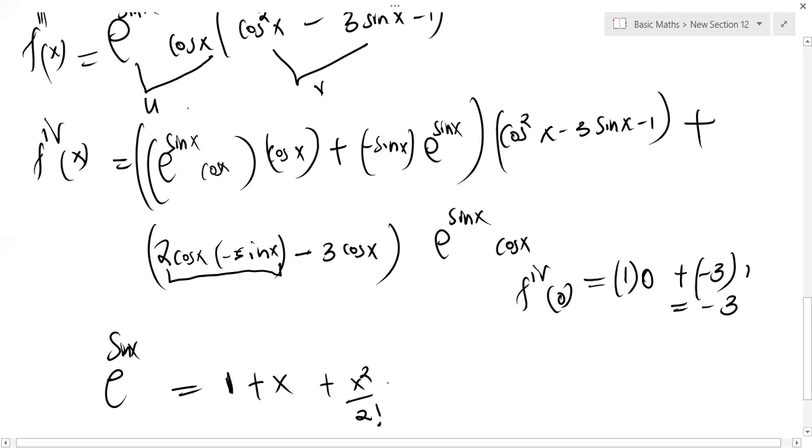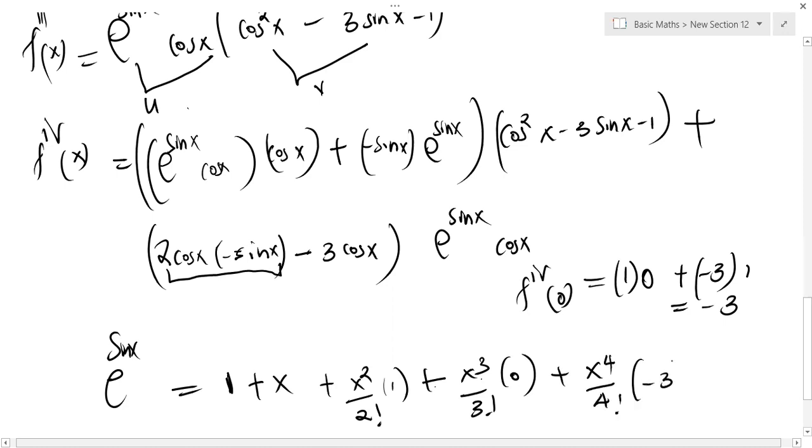So we also got this as 1. Plus x cubed over 3 factorial f third prime of 0, we got it to be 0, plus x raised to power 4 over 4 factorial, and the f fourth prime of 0, we got it to be negative 3.